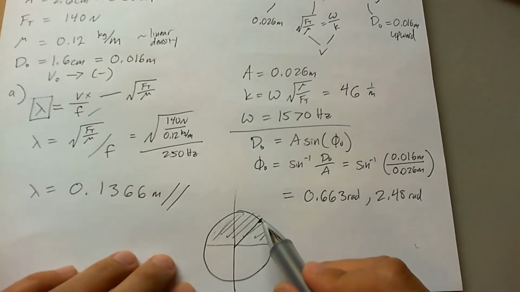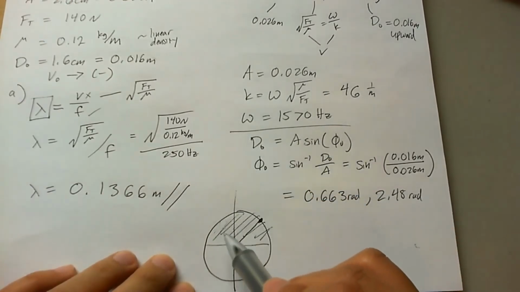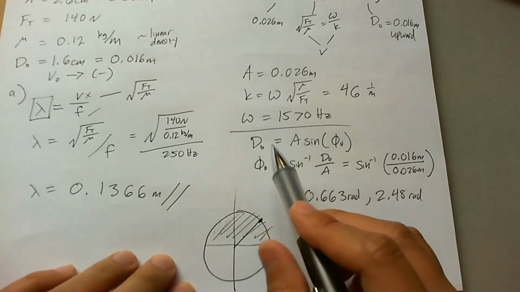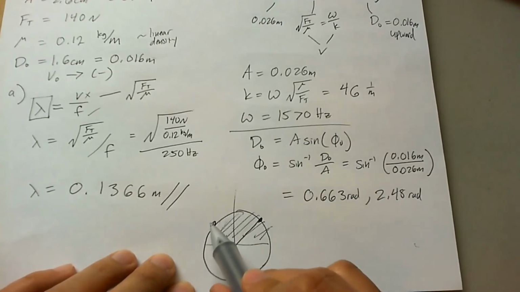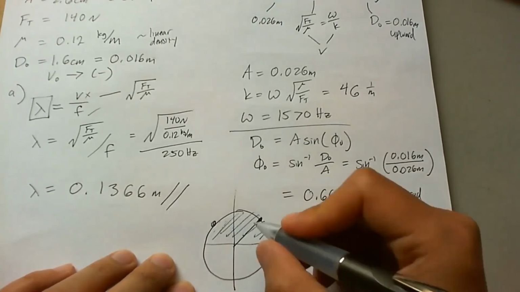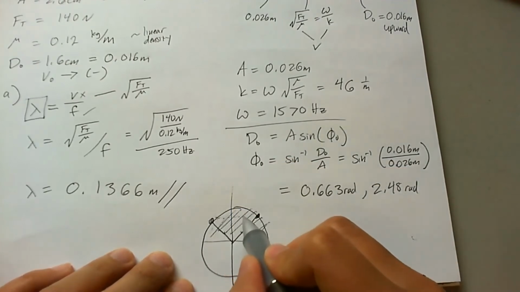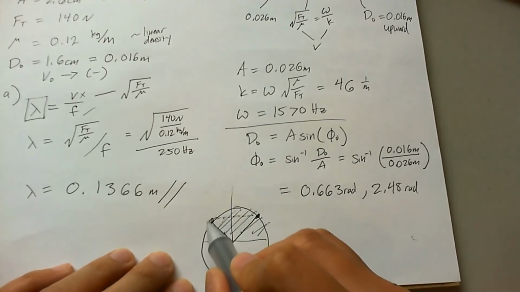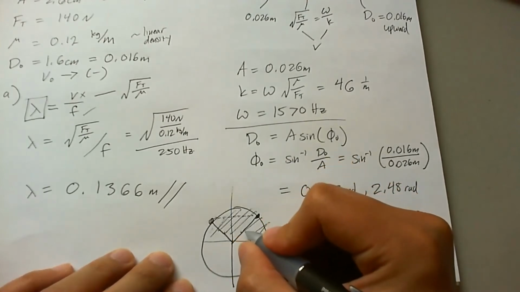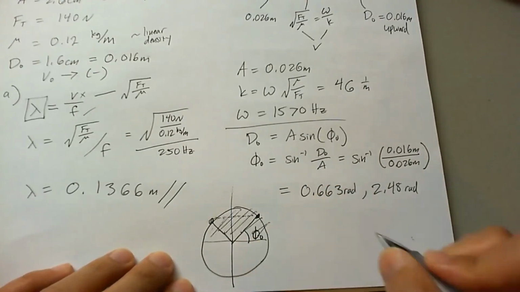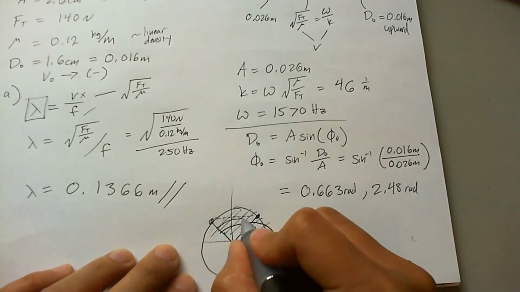The other value that can possibly make D naught, which is the y-axis of this unit circle, equal to a positive number is if we find some angle at the same height in the y value. So since we need two solutions in which D naught is at the same y value, we need to find not only this angle, but also this angle right here.